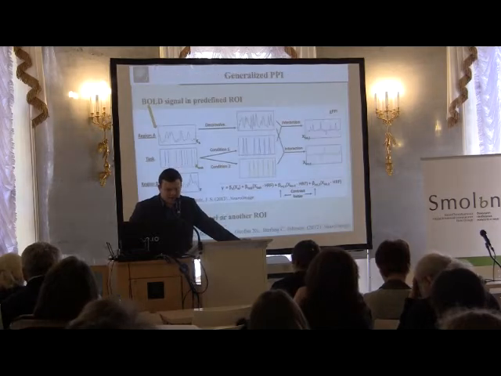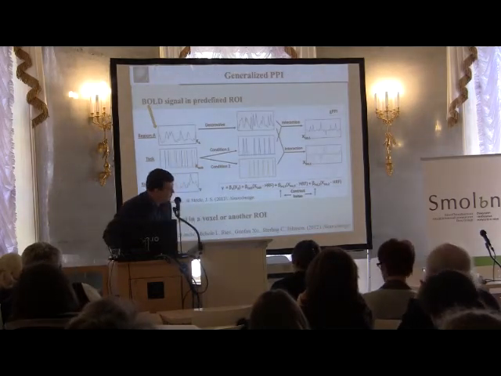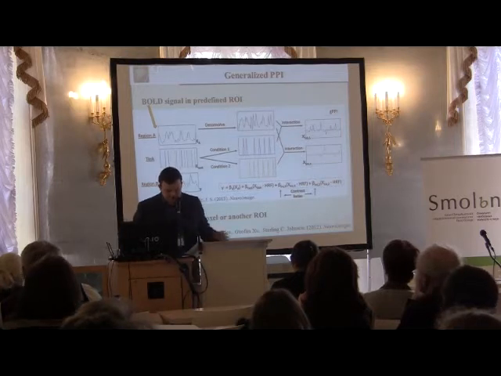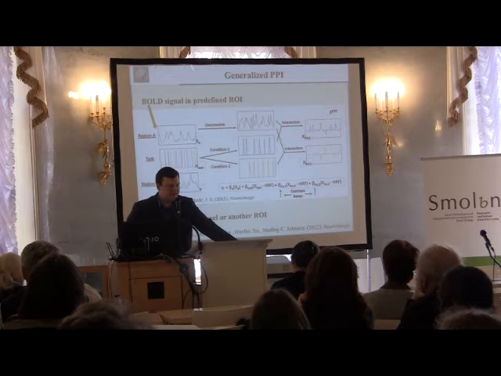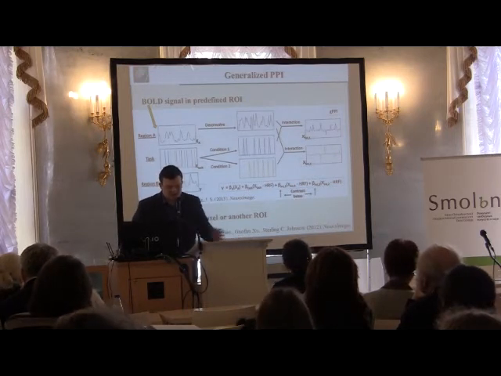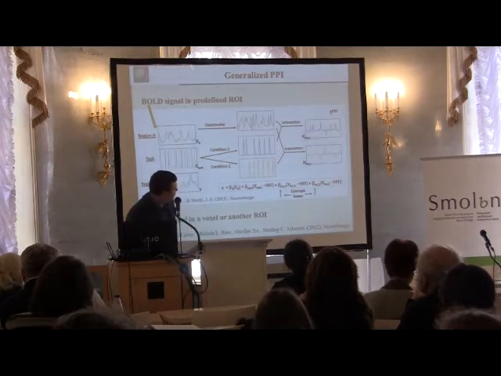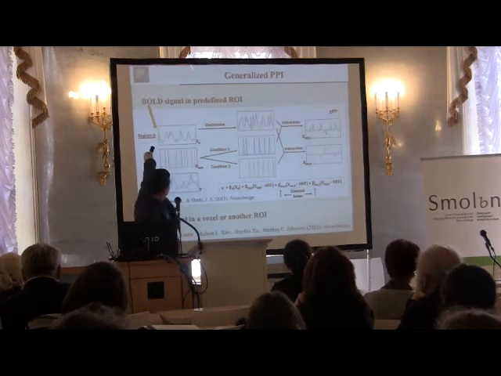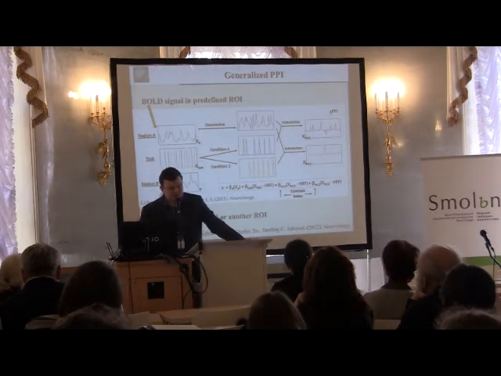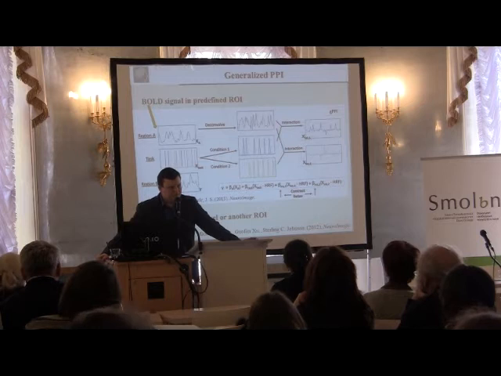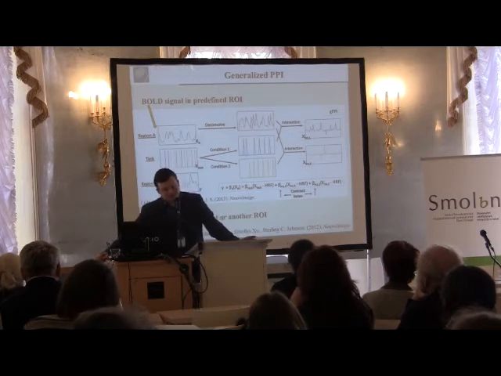So here is a very brief description of this method. This is actually an example of so-called generalized PPI, but at its basis it is the same as standard PPI with a minor difference. You select a region of interest, for example, if you have a strong hypothesis or some previously performed subtractive analysis.